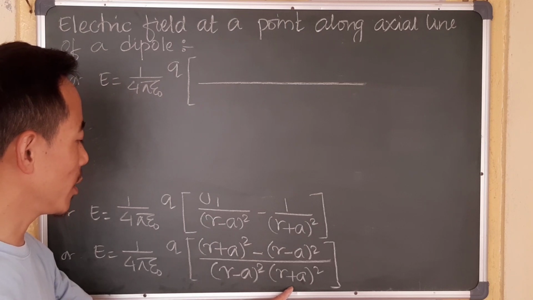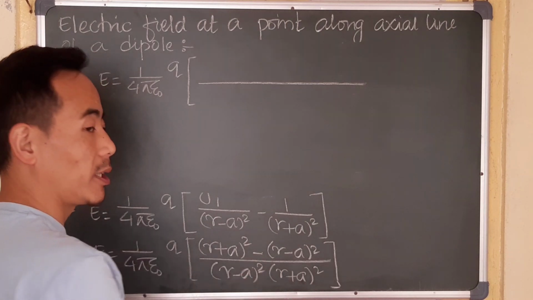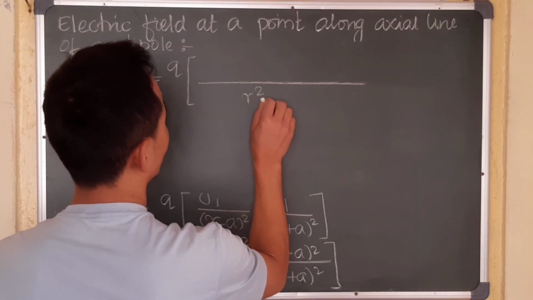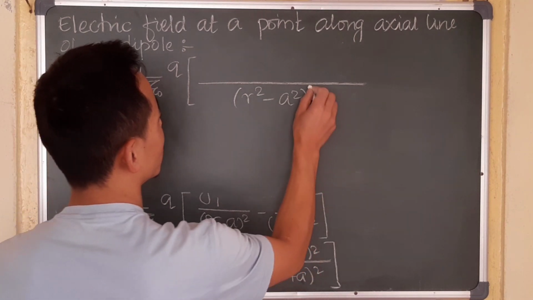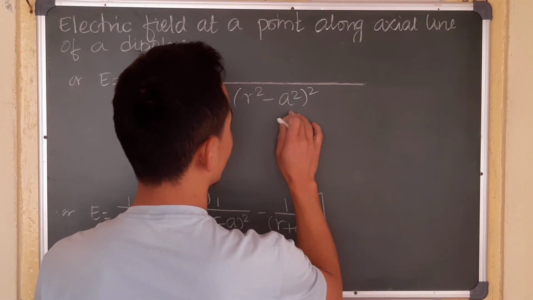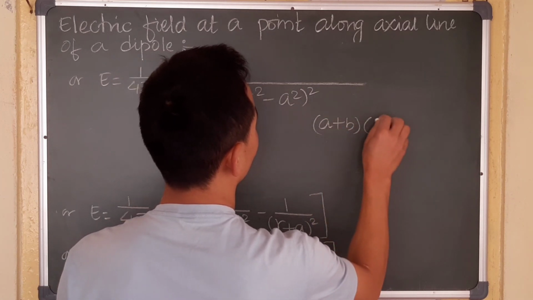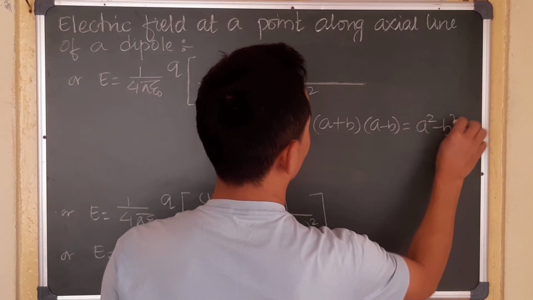This is in the form of (a plus b) into (a minus b), which can be written as a square minus b square. So we can write this as R square minus A square, and we have whole square in both the terms, so we'll have whole square here. So in the denominator we have used the formula (a plus b) into (a minus b) is equal to a square minus b square.